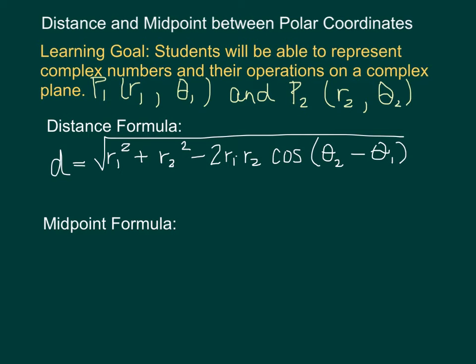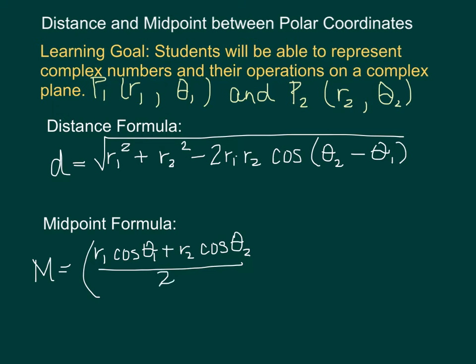And then to find the midpoint between the 2 points, remember midpoint is an ordered pair, and since x represents cosine, you're going to do r1 cosine of theta 1 plus r2 cosine of theta 2, all divided by 2, comma, your y-coordinate is sine, so you're going to do r1 times sine theta 1 plus r2 times sine theta 2, and all of that is divided by 2.